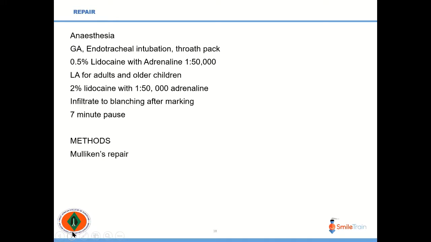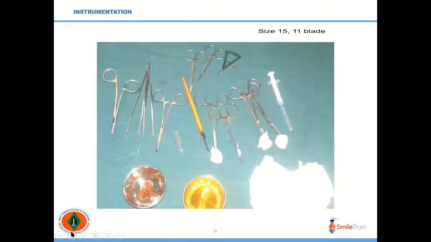You could use the Millard repair or the Manchester repair. These are the more common repairs that are done. And these are the instruments that you are likely to use. Your Gillies combined needle holder, scissors, Adson tissue forceps, your scissors.